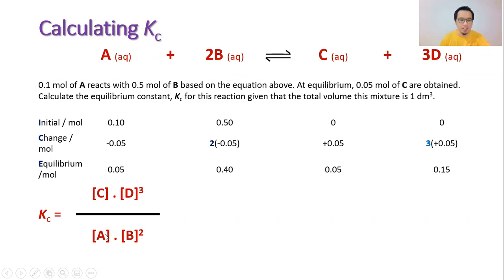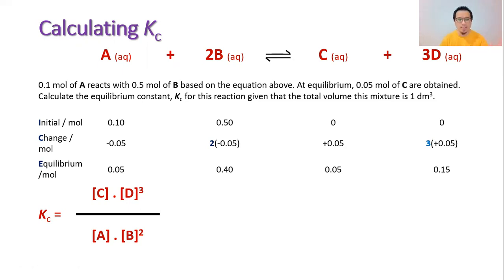In the denominator, you put the concentrations of the reactants, and again, if there is more than 1 mole, raise the concentration of the reactant to the power of the number in the stoichiometry equation. Another important note: make sure you exclude all solids from your Kc expression. The same goes for the Kp expression. Whenever you see a solid, omit it from the Kc or Kp expression.